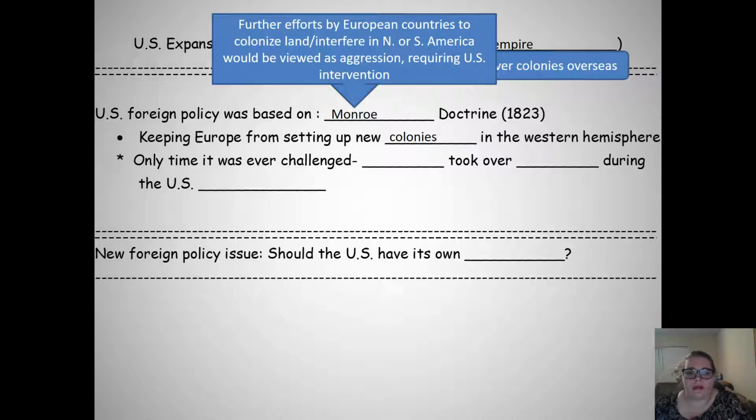Okay? He specifically says that further efforts by European countries to colonize land or interfere in North or South America would be viewed as aggression, which would require United States intervention. Now, quick side note here, we didn't have the power to back that up. We had a very tiny little navy.